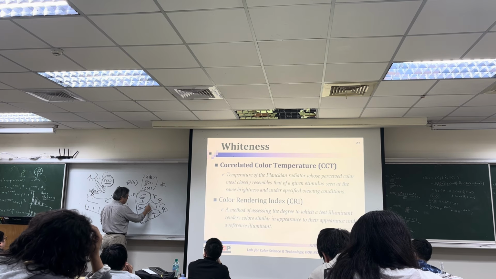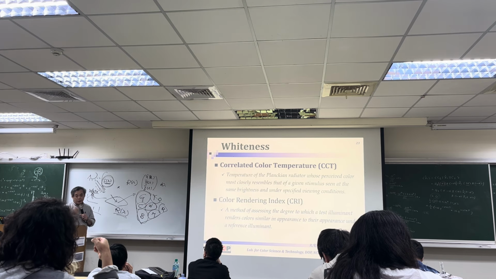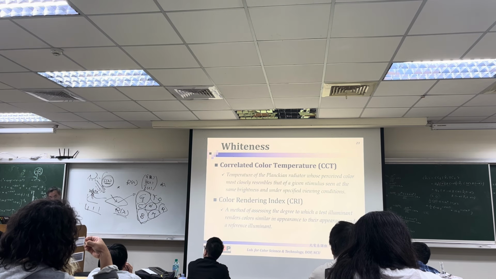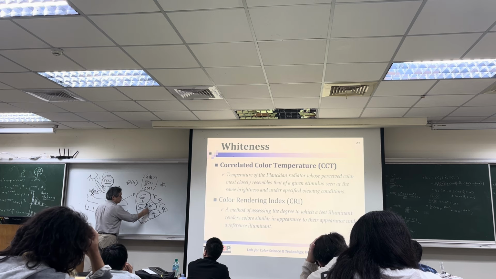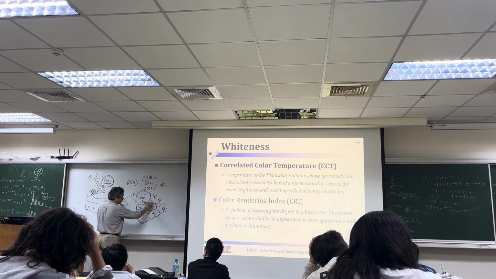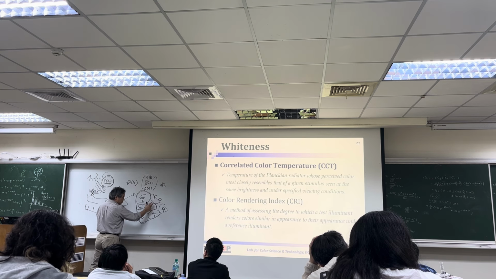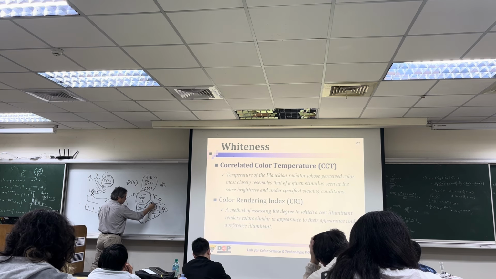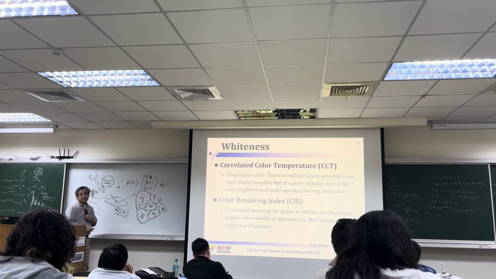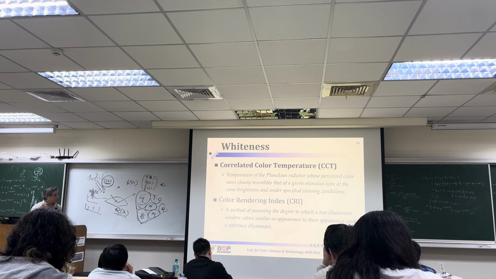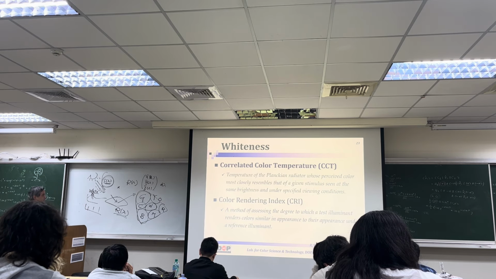So within the center, this is white. So white is not just one color. There is a widespread region. Every point is one kind of white. So we have many kinds of white.